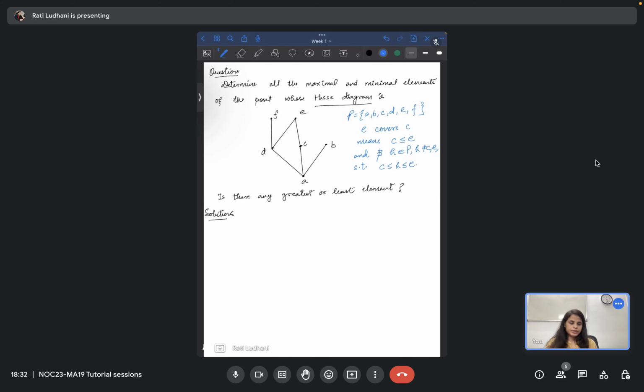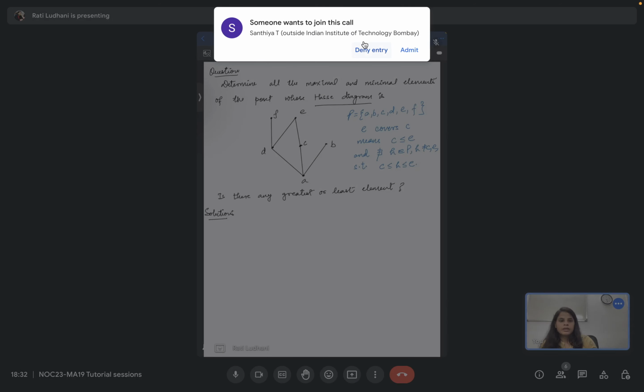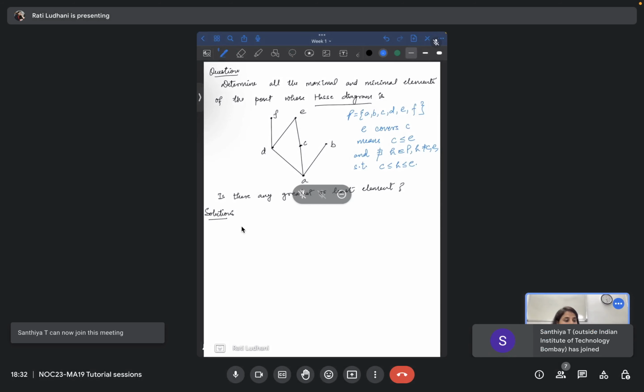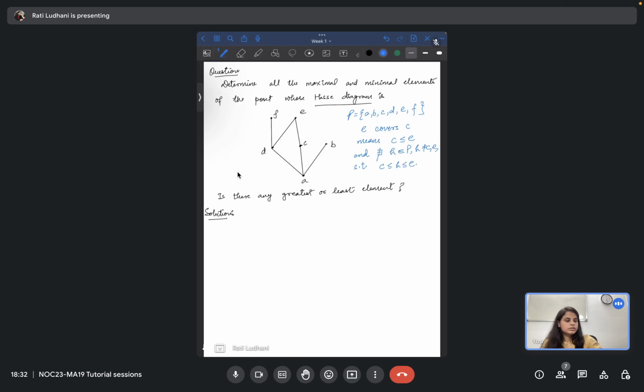Yes, ma'am. Great. So let's see, what do we have? Determine all the maximal and minimal elements of the poset whose Hesse diagram is given to be like this. So maximal element means you need to find an element.